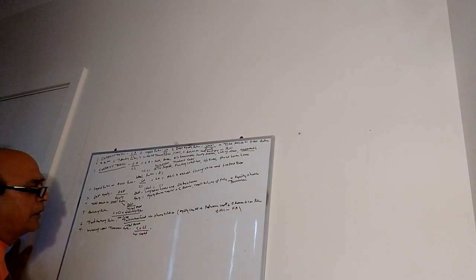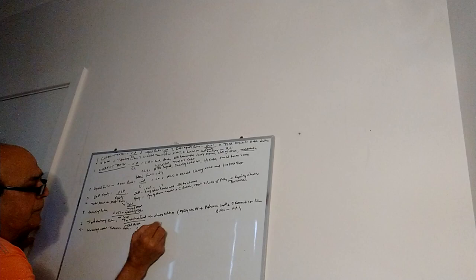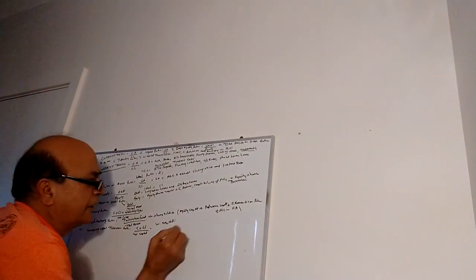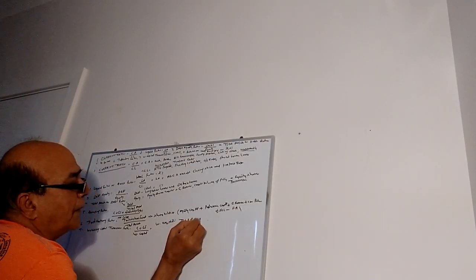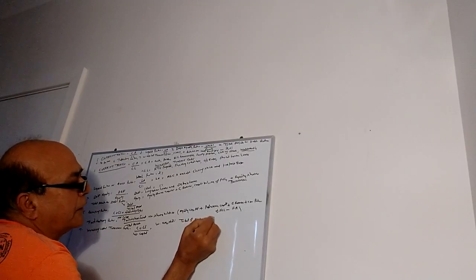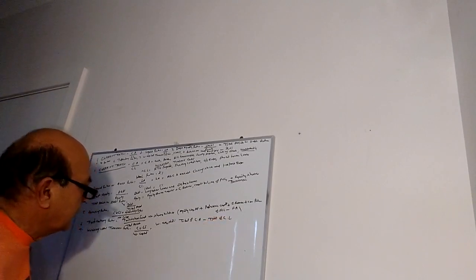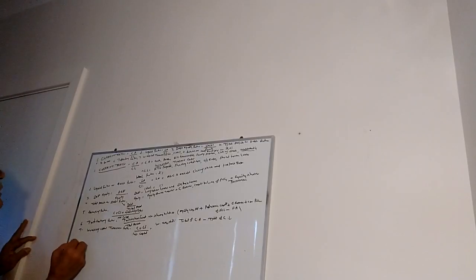Cost of goods sold, you can work out as opening stock plus net purchases plus direct expenses minus closing stock. And what is working capital? It is equal to total of current assets minus total of current liabilities.